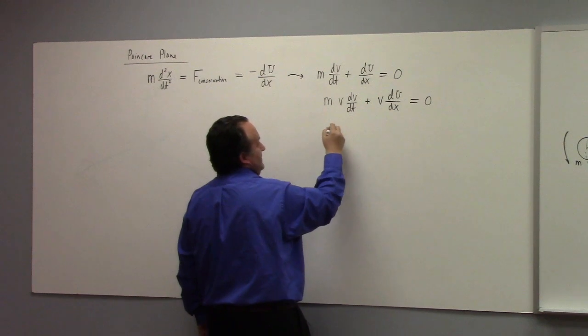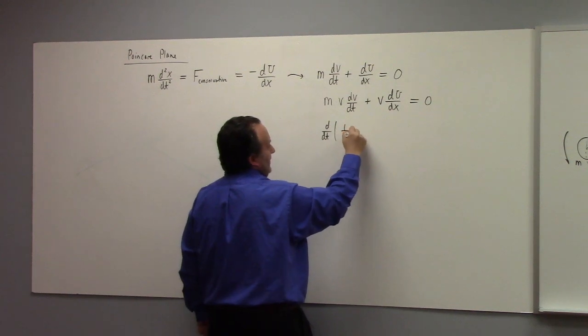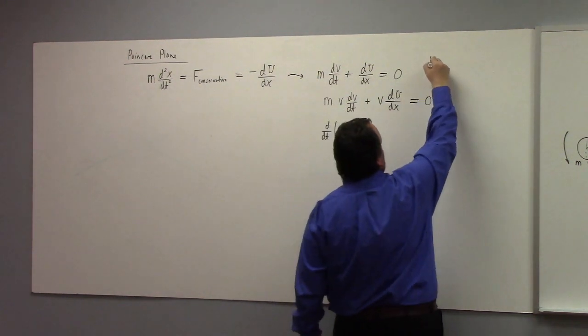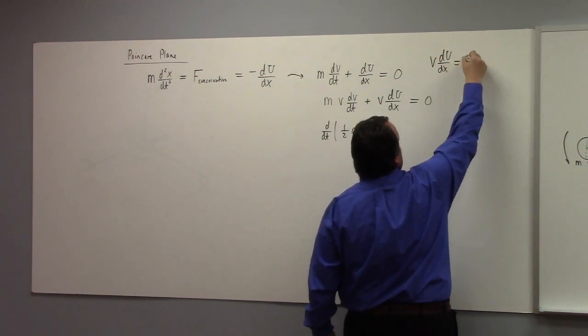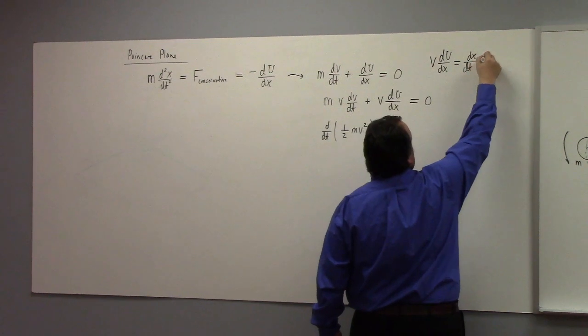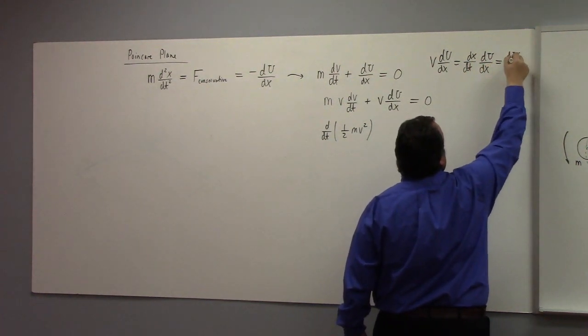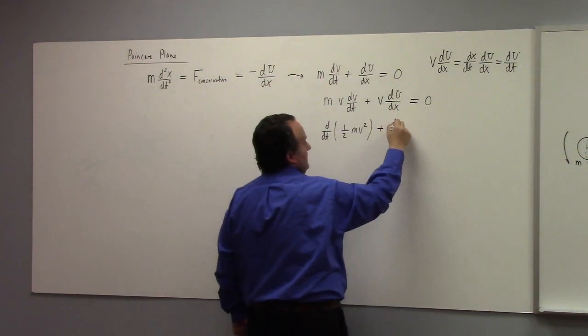So that is d dt of 1/2 m v squared for the first term. And here, v du dx is dx dt du dx. So by the chain rule, you can write that as du dt. So this is actually plus du dt.